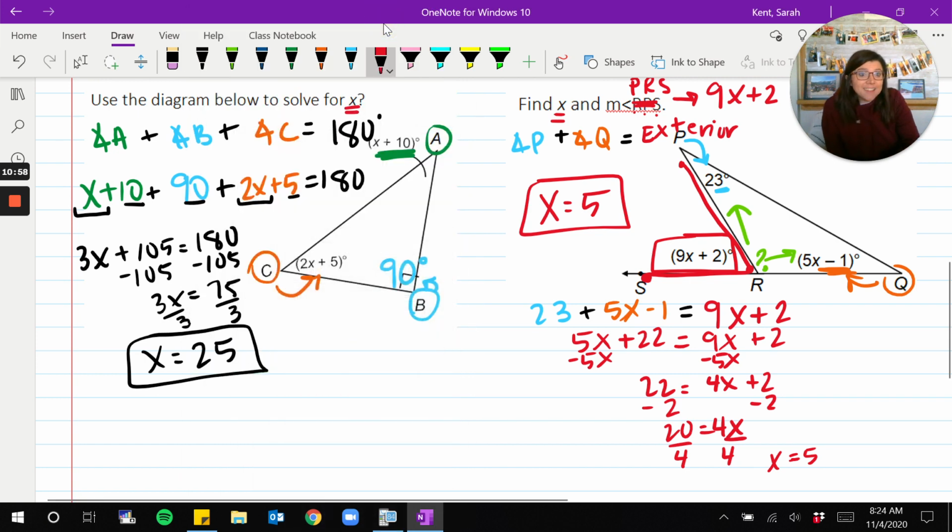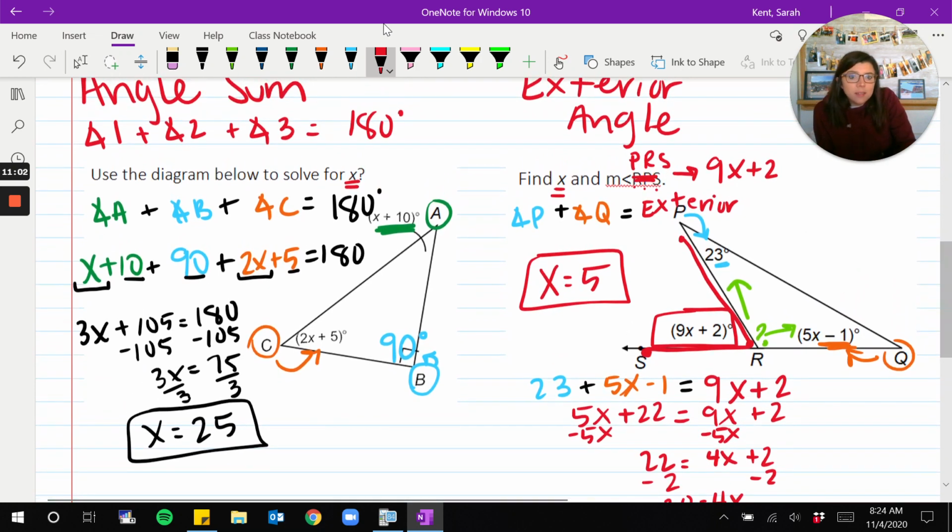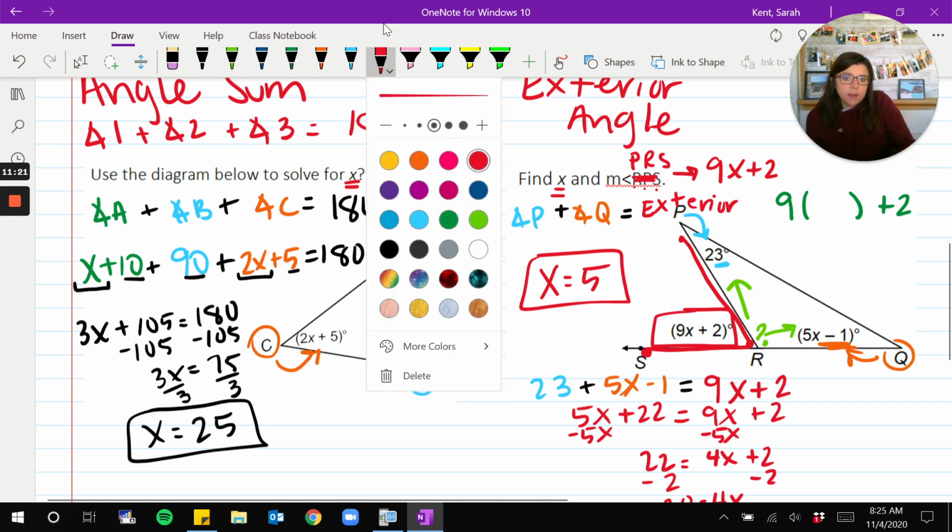So we have one last thing we need to do. We found x, but we still need PRS. So we've pulled out PRS is 9x plus 2, but now we know x equals 5. So what I can do is take this 9x plus 2 and I can plug in my 5.